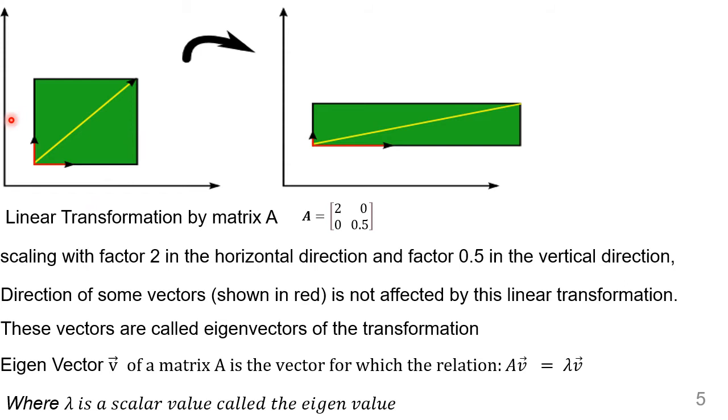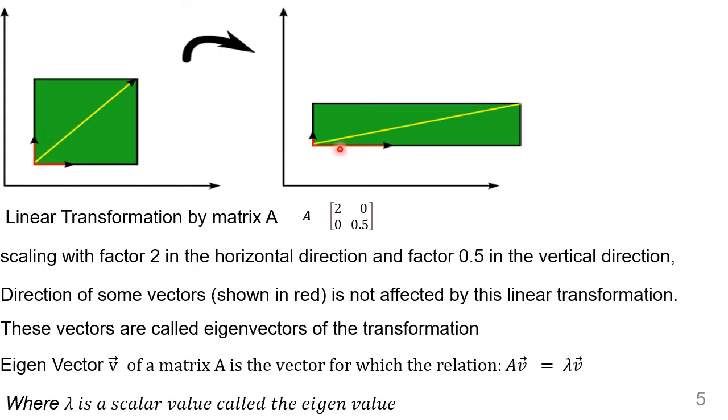Consider this figure. We have two vectors which are marked in red lines, and we are going to apply a linear transformation matrix A on these two vectors. They get transformed as shown in the second figure.